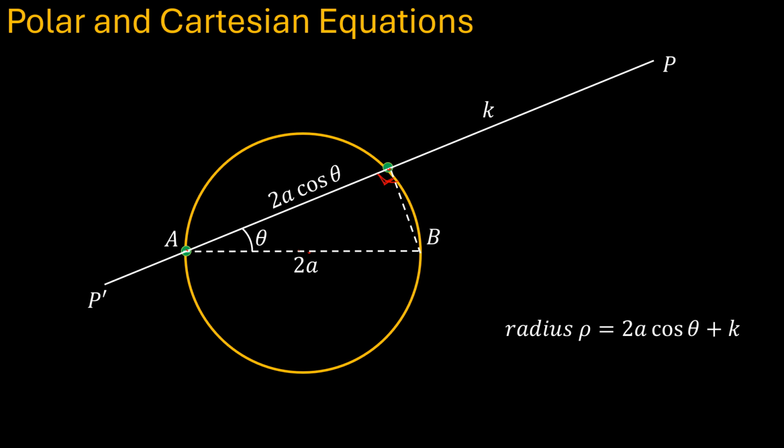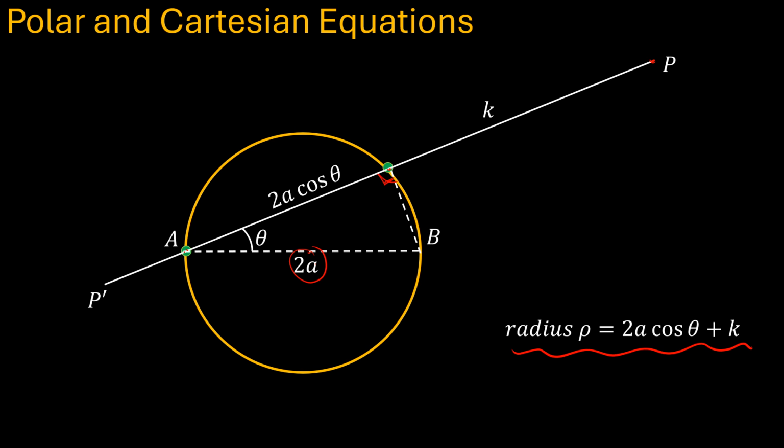And so you have a right angle triangle, and this is the hypotenuse. So the base of our right angle triangle here is going to be equal to 2a cosine theta. And what that means is that our radius now, from this point to point P, let's ignore P prime for now, is 2a cosine theta plus k. That is the radius.